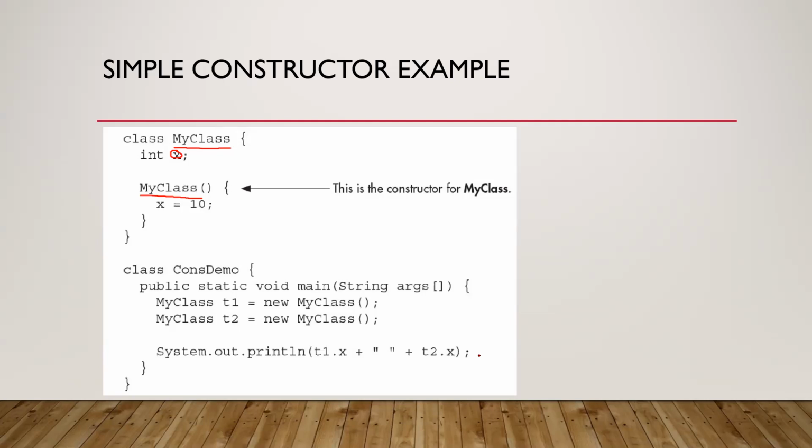It will print 1010. And also tell me someone else, if I have not used this constructor, if this was not there, then what value would have been printed? If the constructor was not there, the default value. What is the default value? 0 0. Yes, 0 0.